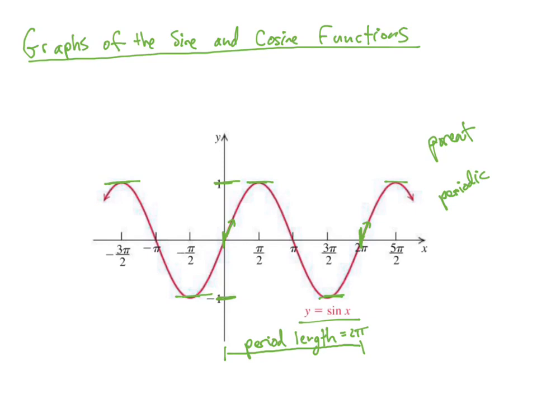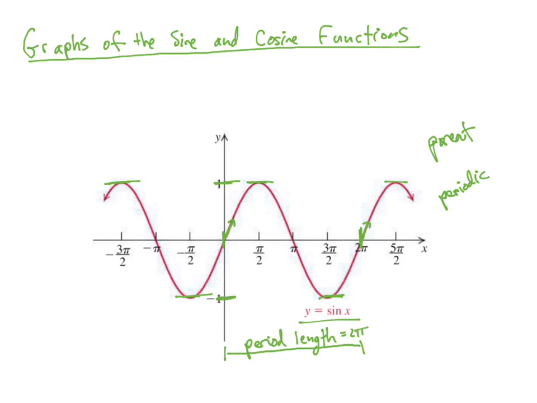Now, anywhere we are on the sine graph, if we take a snapshot or a slice of an interval that is 2 pi in length, we will get one complete cycle or one complete period of that graph.